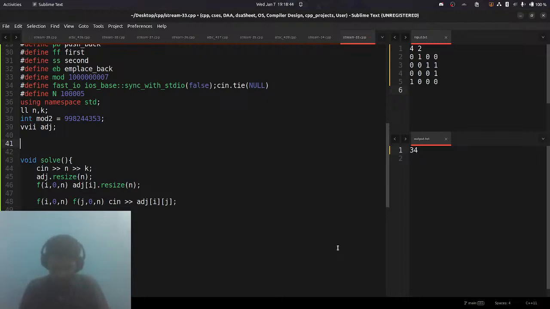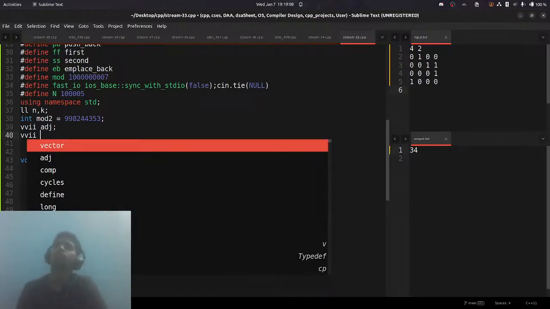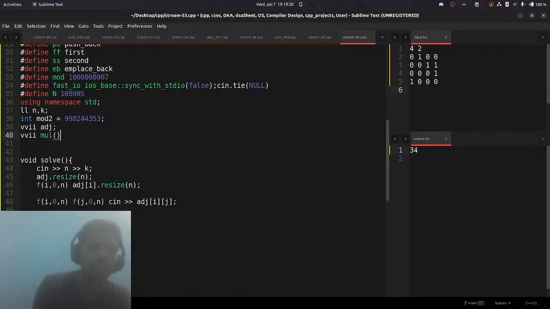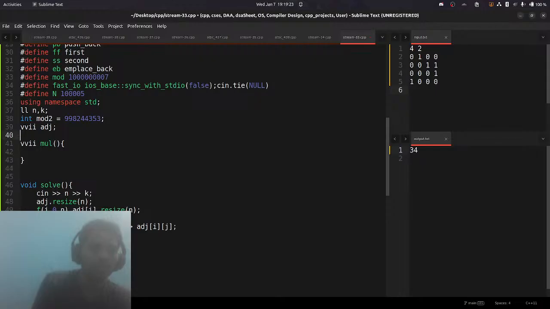So how do I do this? I can have a function for multiplying.